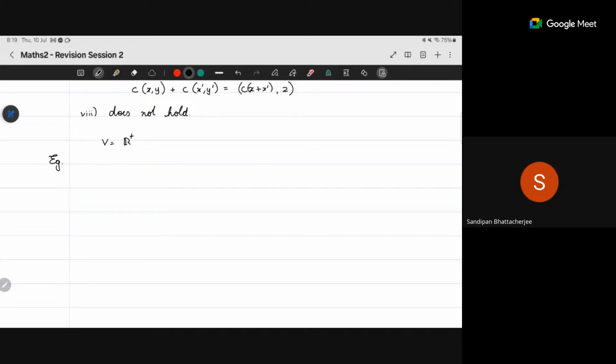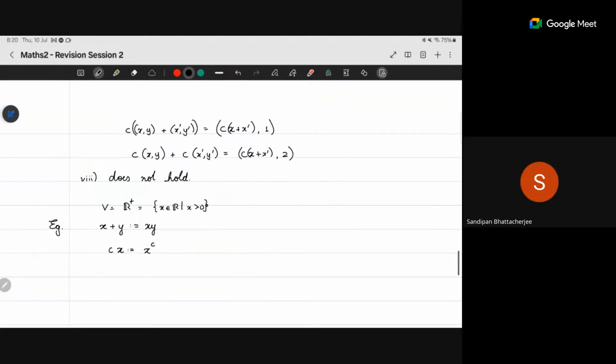It's just R plus, which is x in R such that x greater than 0. Let me do this. I'll define x plus y as xy. Now, instead of the usual addition, addition is defined as multiplication, and c times x is defined to be x to the power c.